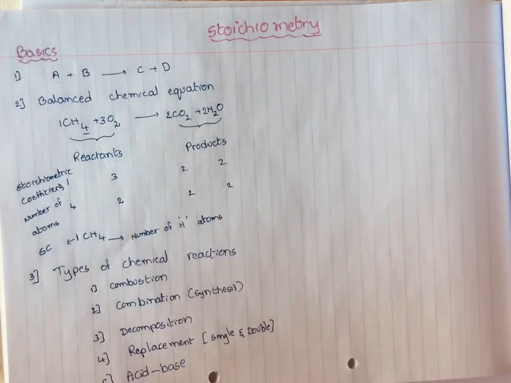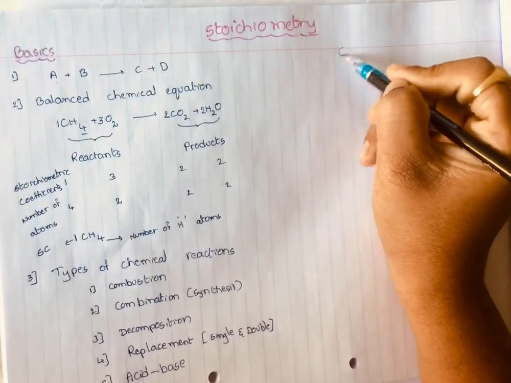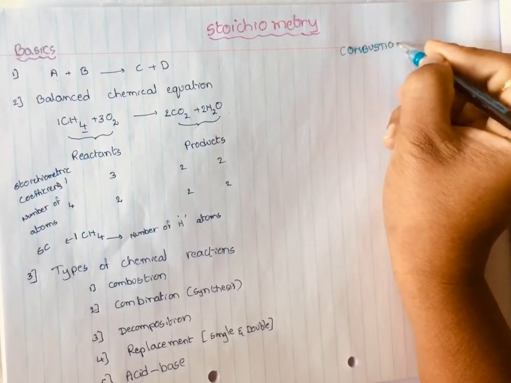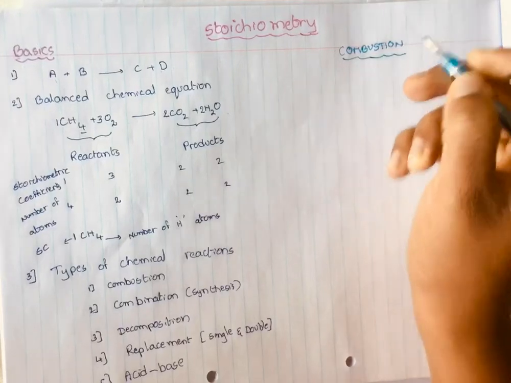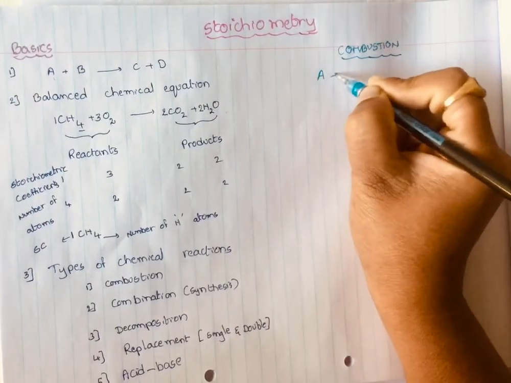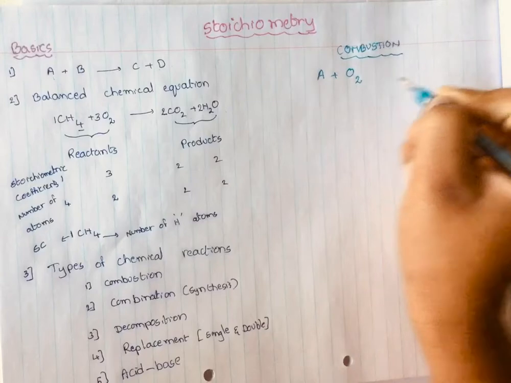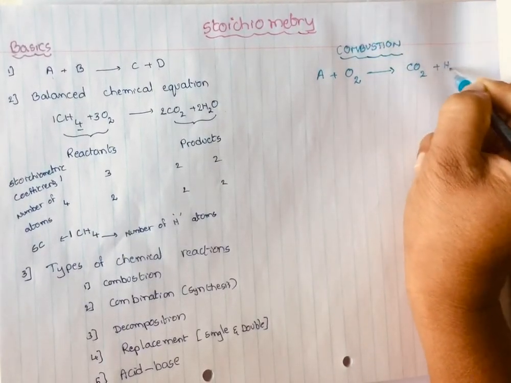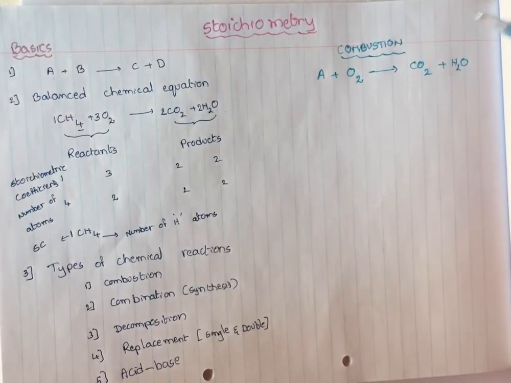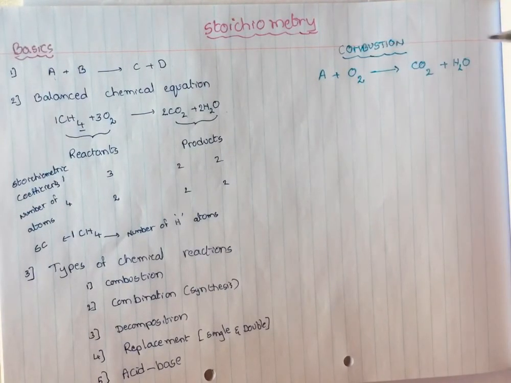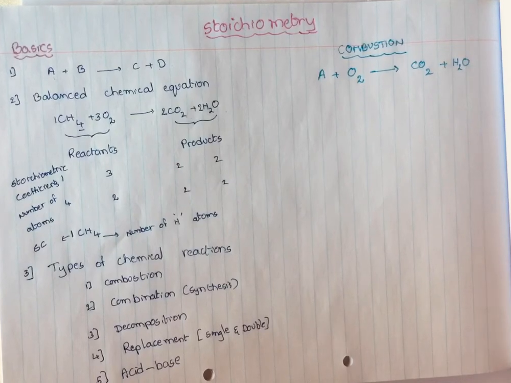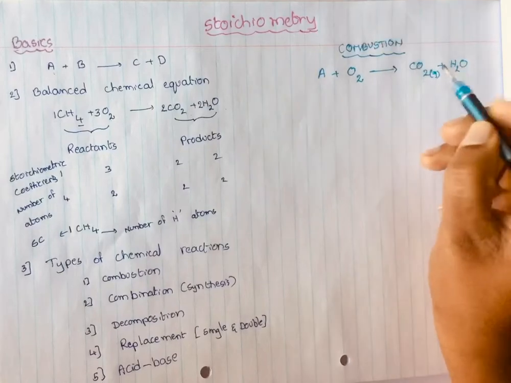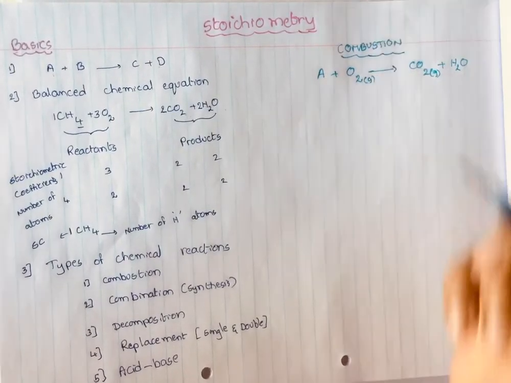Now let's discuss the first one, combustion reactions. What is a combustion reaction? When a reactant undergoes reaction with oxygen and gives the products carbon dioxide and water, and there are no other products except these, then we call it a combustion reaction.